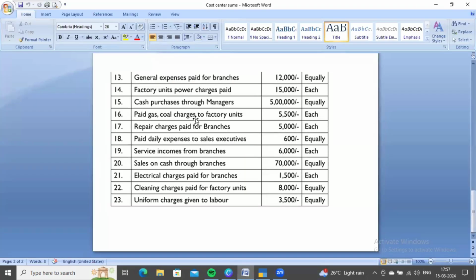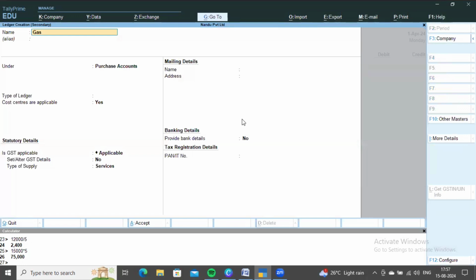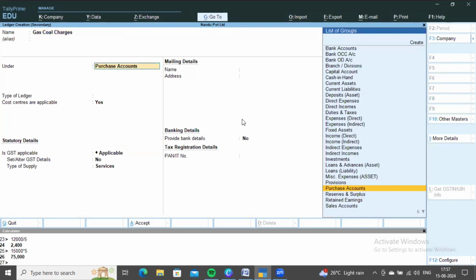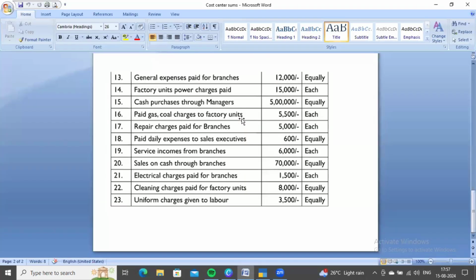Next, paid gas coal charges to factory units. Again, you need to create gas coal charges that come under direct expenses, as these charges are incurred on the factory, right? And the total amount is 5,500 each.